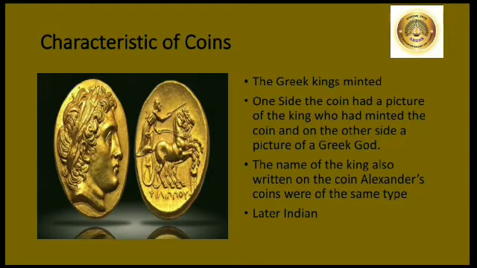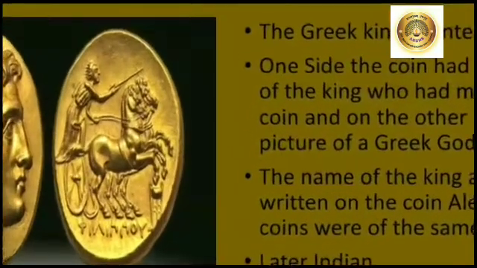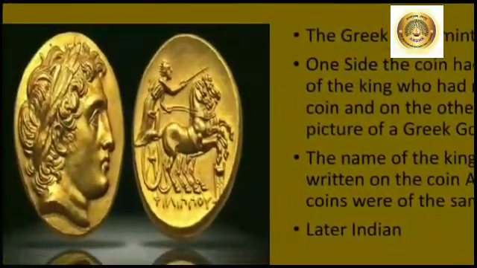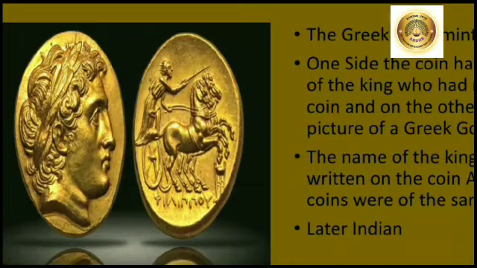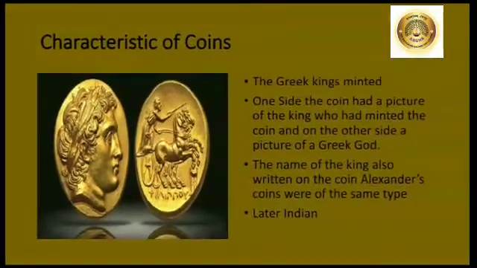On one side, the coin had a picture of the king who had minted the coin, and on the other side, a picture of a Greek god. The name of the king was also written on the coin. Alexander's coins were also of the same type. You can see here a picture of an Alexander coin. Later, Indian kings also started minting similar coins.